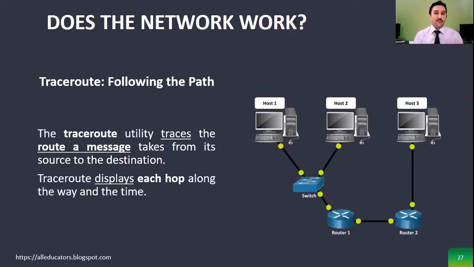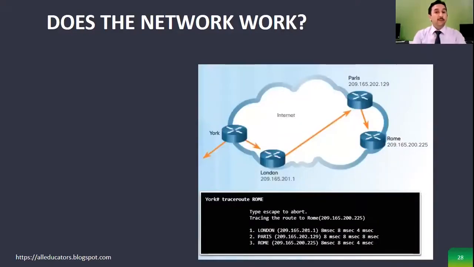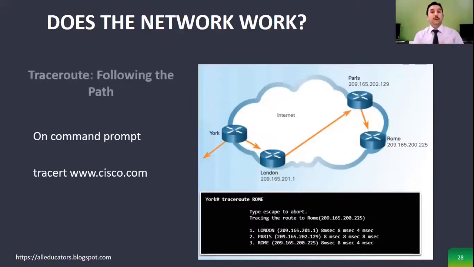This hop is like a trip. Traceroute displays each hop along the way and the time it takes for the message to get to the network and back. So if a problem occurs, use the output of the traceroute utility to help determine where a message was lost or delayed.